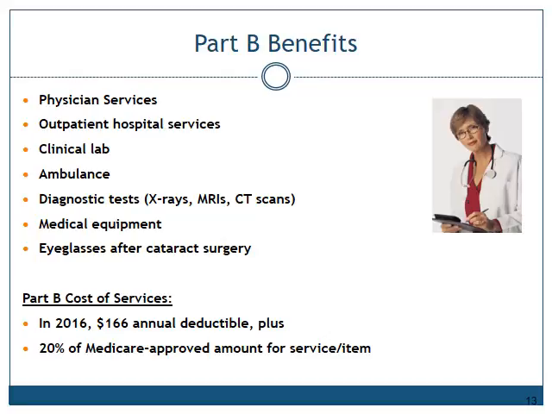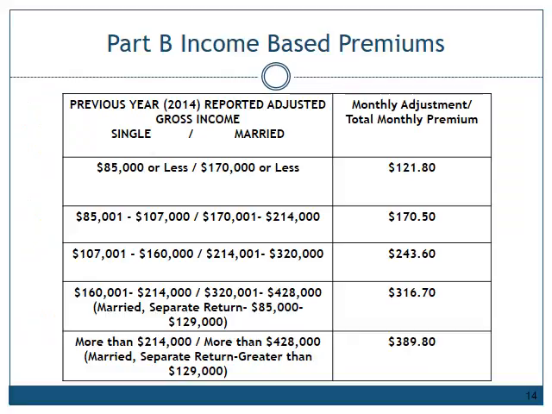In 2016, $166 annual deductible plus 20% of the Medicare approved amount for services and items. Part B income-based premiums are based on the previous year 2015 reported adjusted gross income, and vary depending on if you're single or married. See where you qualify in the different brackets, and then see what your total monthly premium would be.